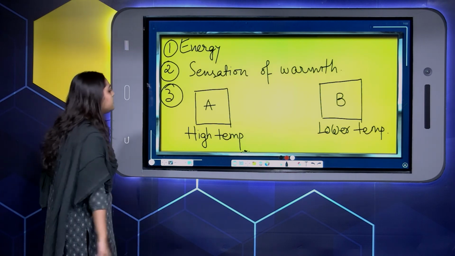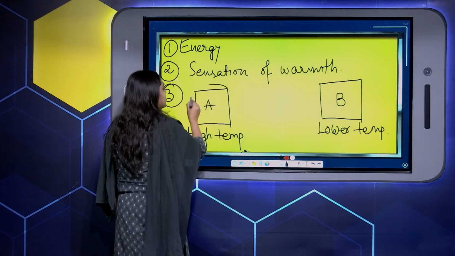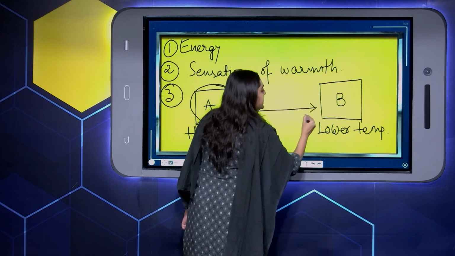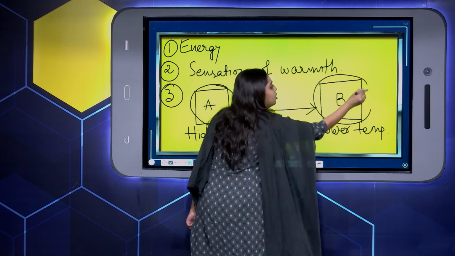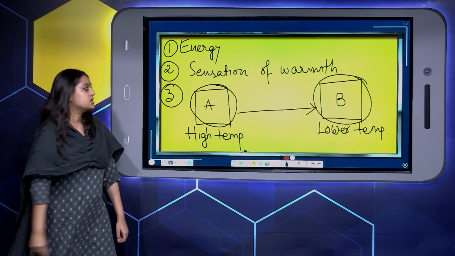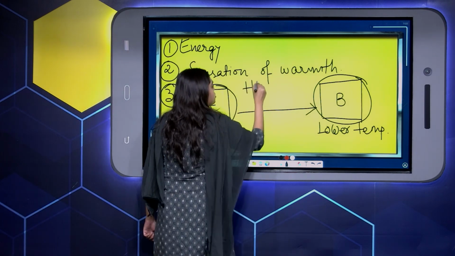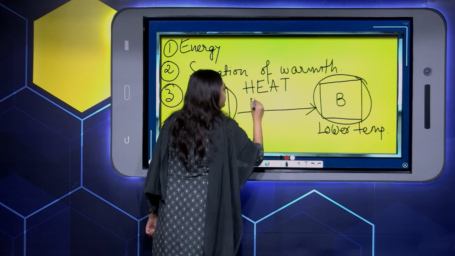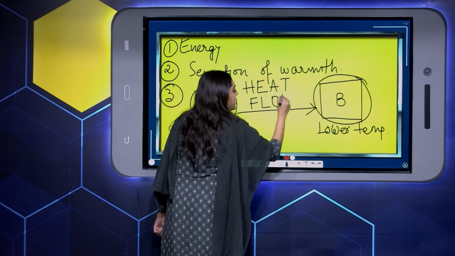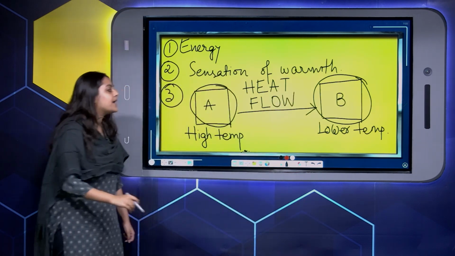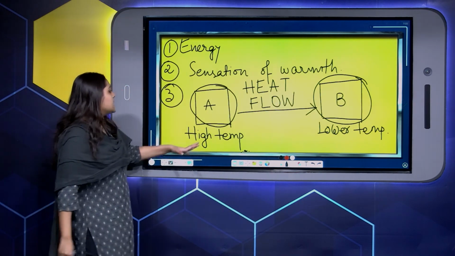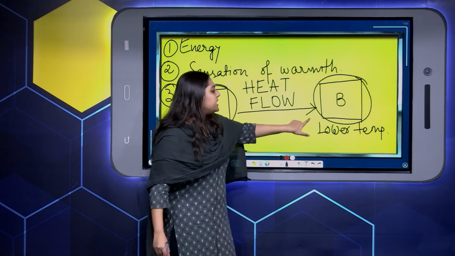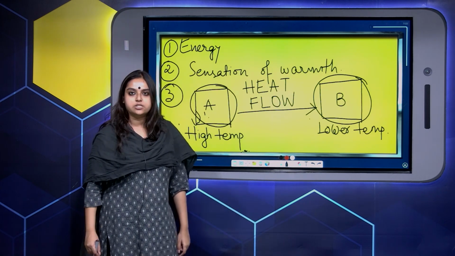Now, heat will flow from a body which is at higher temperature to a body which is at lower temperature. So, this is actually the heat flow. Heat always flows from a body which is at higher temperature to a body which is at lower temperature.